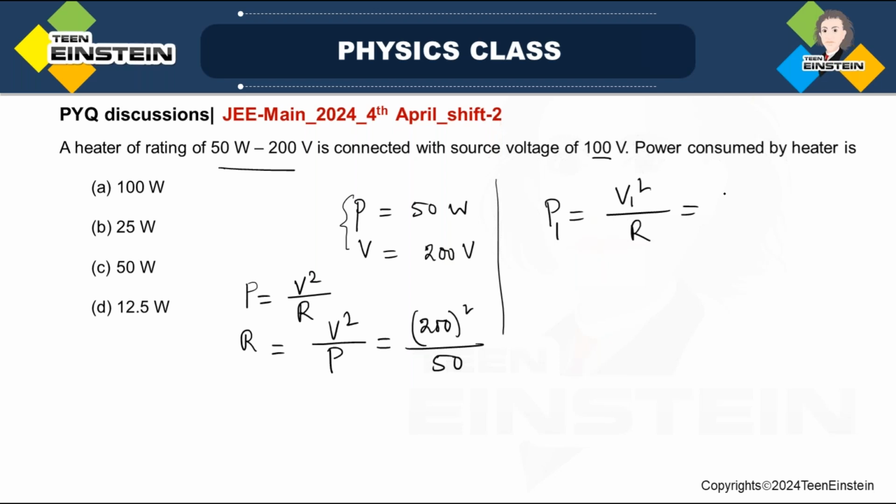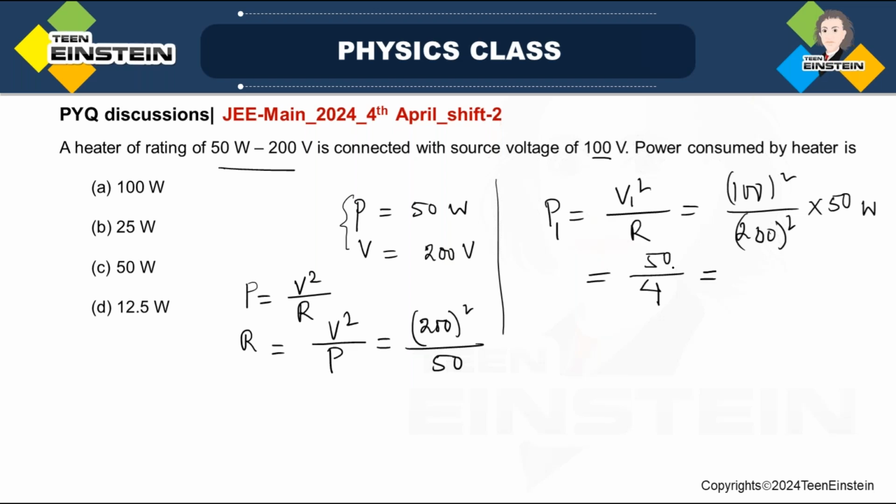So V1 is given as 100. This is R means 200 square by 50. That's 50 will go to numerator, and this will be in watt. Okay, look at this. So I have got 50 by 4, right?